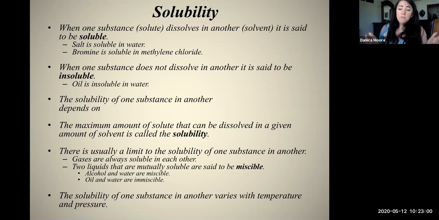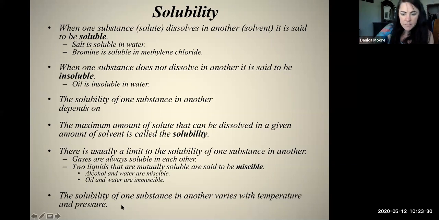There are things that are really soluble and things that are really insoluble, and there's everything in between, right? So we want to know how this spectrum of solubility is regulated by intermolecular forces, and what that means for the energy required to make things dissolve or gotten back when you dissolve.